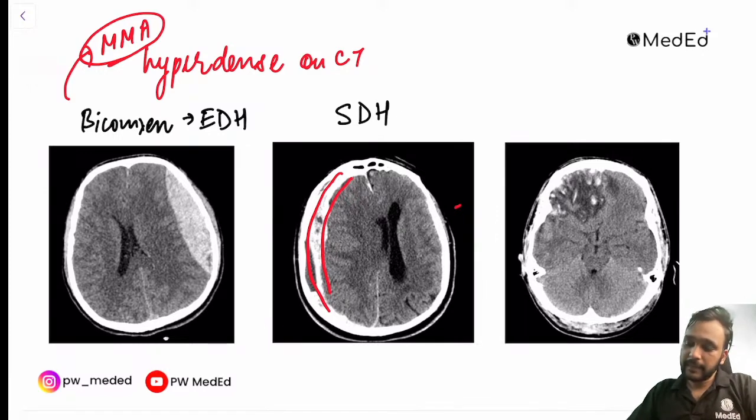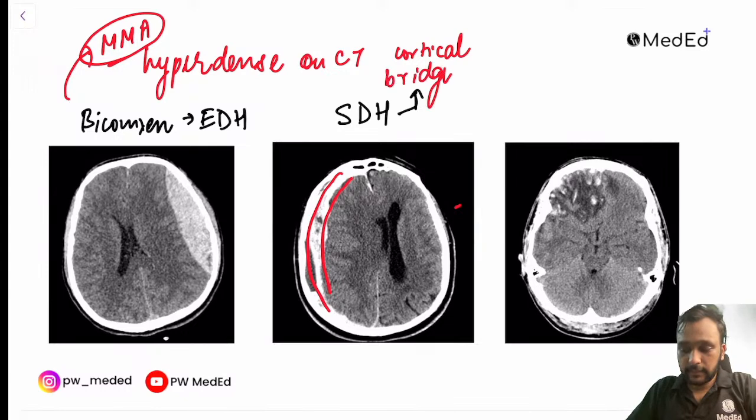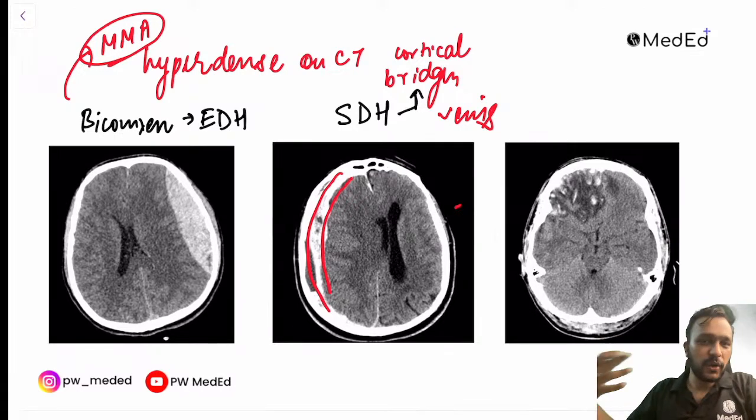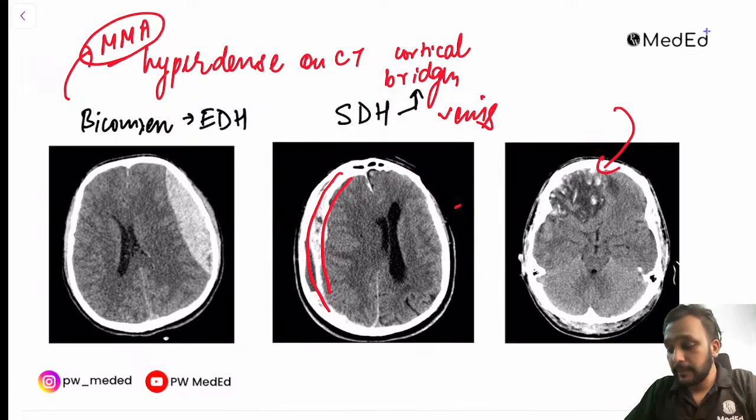Remember that it is due to the rupture of cortical bridging veins, and it is common in old age patients. It is common in chronic alcoholics. And this is a hemorrhagic contusion, the third image I am showing you.